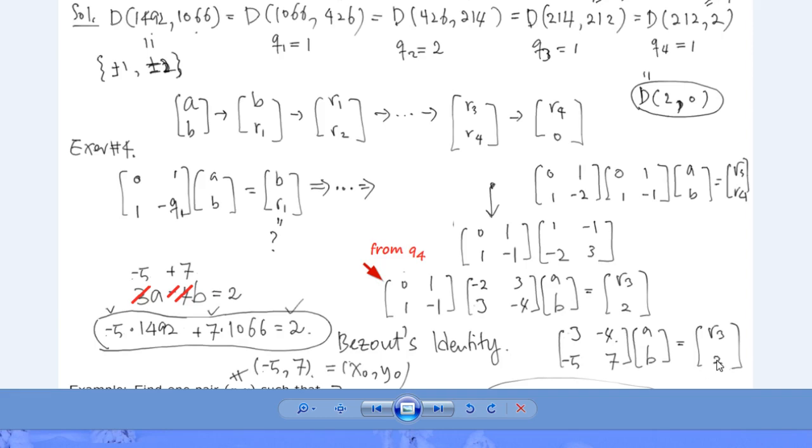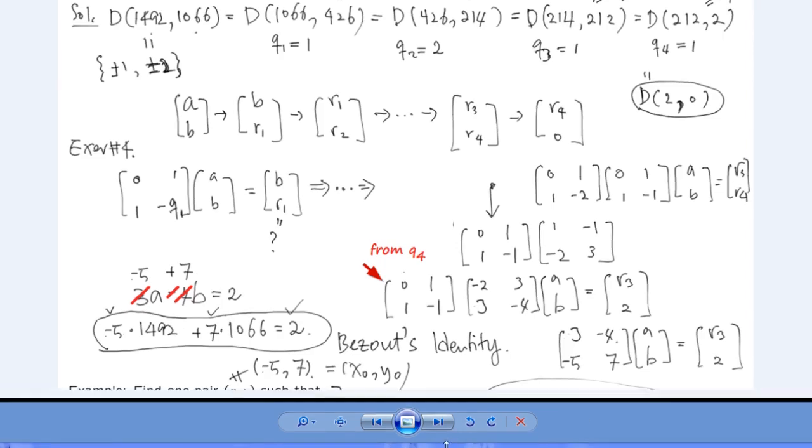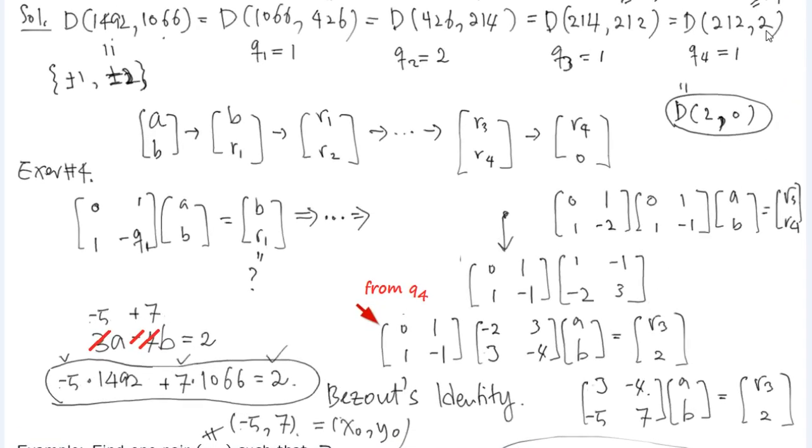To get to that GCD, we have to use the bottom row. That gives you negative 5 times A, which was 1492, plus 7 times B, that's 1066. That really gives you that GCD down there. All right. So if you arrive there, to get to that matrix, you have to get to that entry there, coming from that matrix that is coming from that quotient there. Thank you.